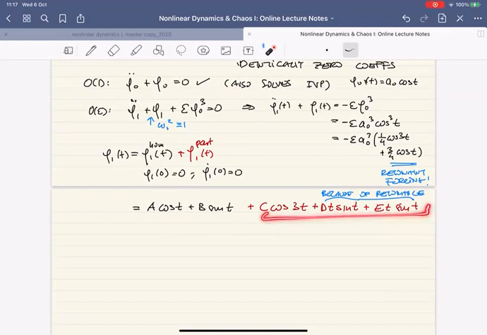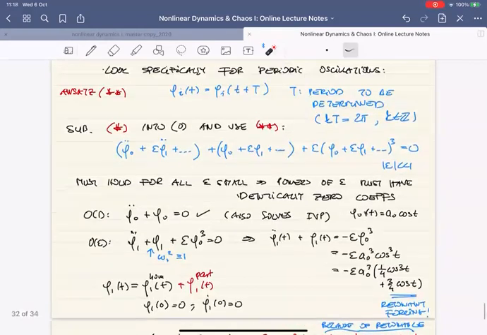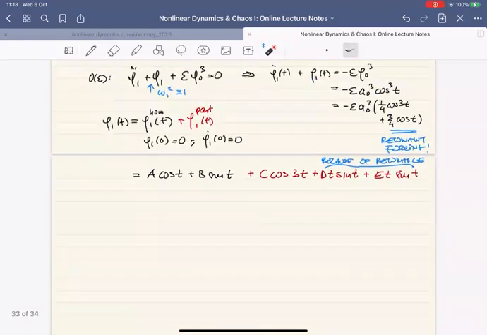Are we done? Unfortunately not, because so far I have ignored the ansatz. And the ansatz says that I'm looking for solutions, which are also the physically expected solutions, that are periodic. And this is by no means periodic. You absolutely have to have the resonant response there, because this is an essential thing that happens when you force this oscillator with the same frequency. And this leads to growing oscillations, linearly growing oscillations.